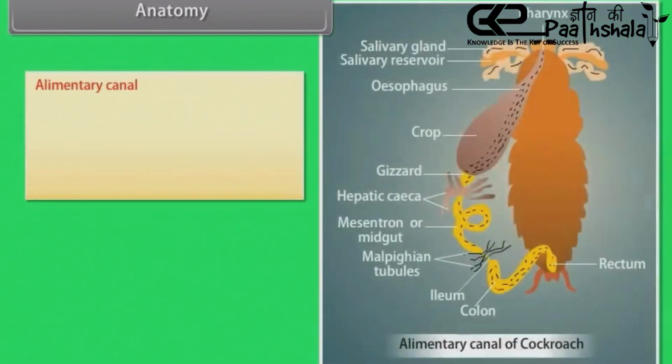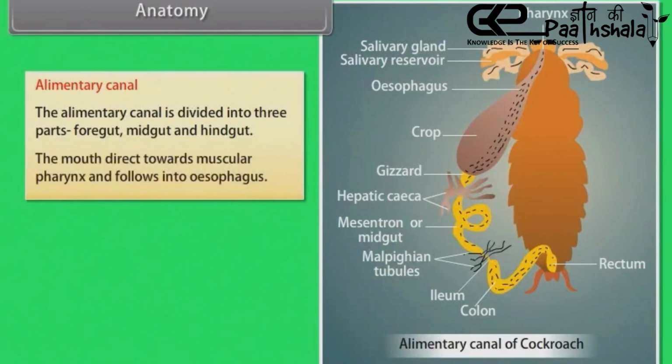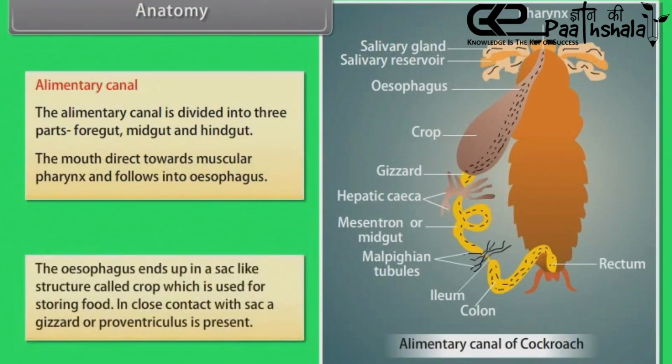Anatomy. Alimentary canal. The alimentary canal is divided into 3 parts: foregut, midgut, and hindgut. The mouth leads towards the muscular pharynx and follows into the oesophagus. The oesophagus ends in a sac-like structure called the crop, which is used for storing food.